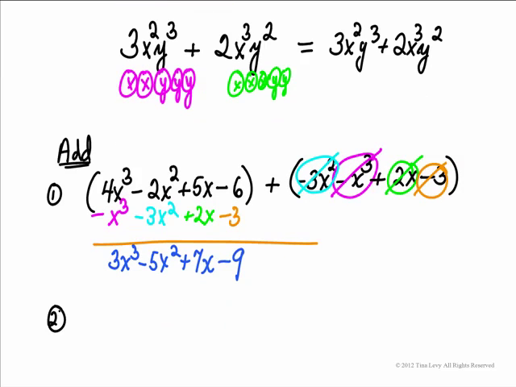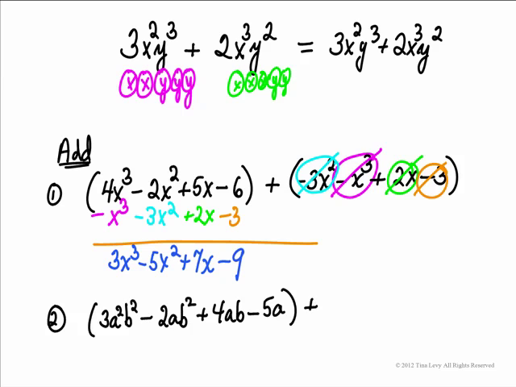This is with 2 different variables. Suppose I said 3a squared b squared minus 2ab squared plus 4ab minus 5a, and I'm adding to that 6ab minus 4a squared b squared plus 3a squared b minus 2a.